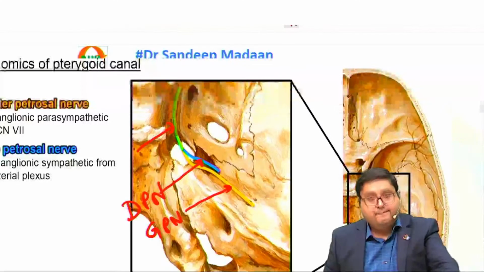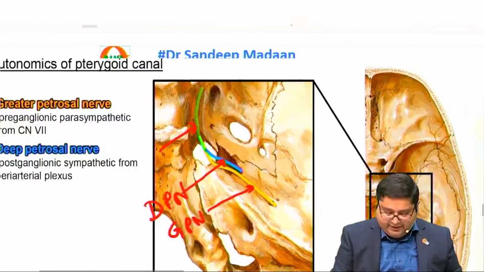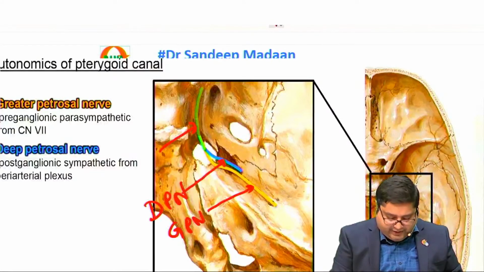Okay, please wait. Okay, so this green color is what? This green color is the Vidian nerve.